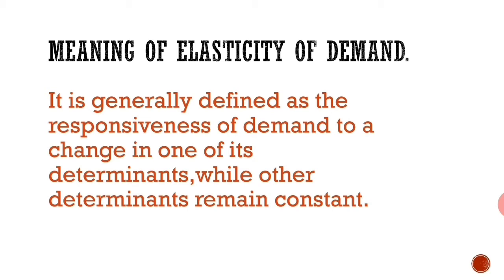Elasticity of demand is defined as the responsiveness of demand to change in one of its determinants. Either it may be price, or it may be income, or it may be advertisement, whatever it may be. Other determinants remain constant, no change in other determinants.